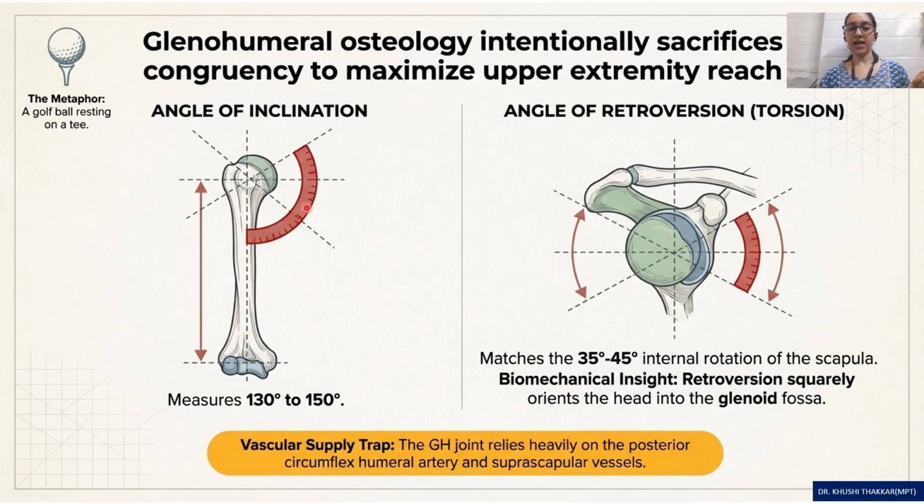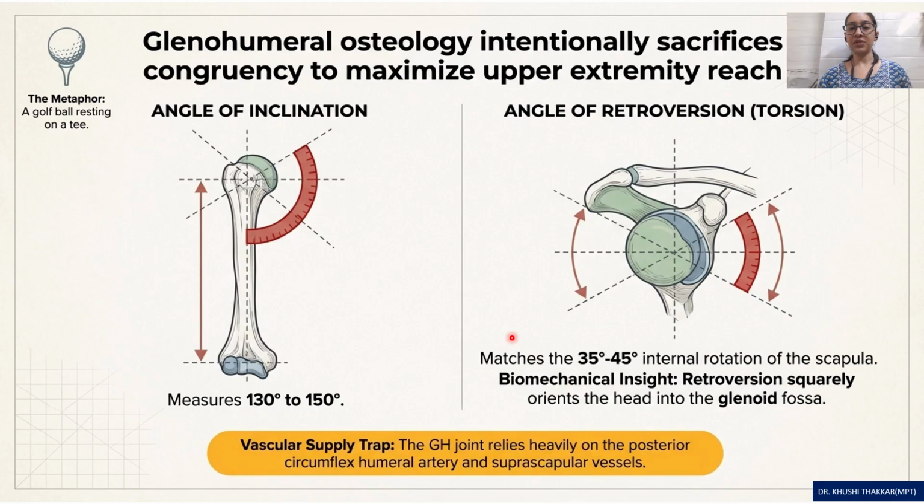The angle formed by these is called the angle of inclination, which measures around 130 to 150 degrees. Next is the angle of retroversion, formed by a line drawn through the condyles of the humerus and another line crossing it through the head and neck of the humerus. The angle formed between these two arms is called the angle of retroversion or angle of torsion, and it measures around 135 to 45 degrees.